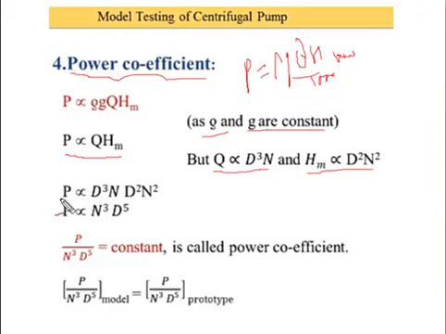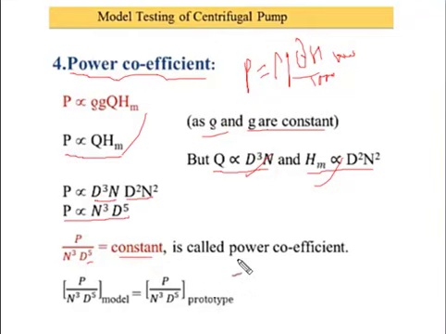So here P is directly proportional to, putting this value and this value in this equation, we get d to the power 3 into n, d square into n square. Finally, P is directly proportional to n to the power 3 into d to the power 5. Now eliminating the proportionality, taking a constant, we get P divided by n to the power 3 d to the power 5 is equal to constant.